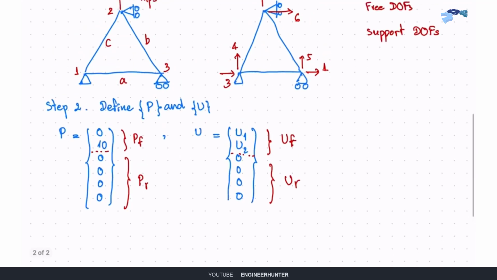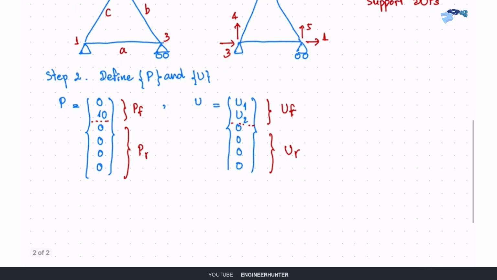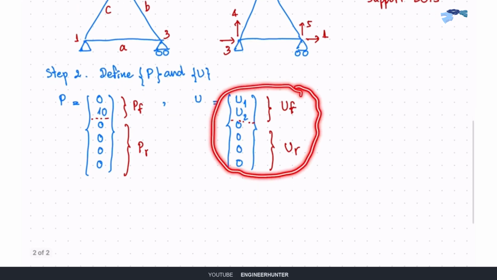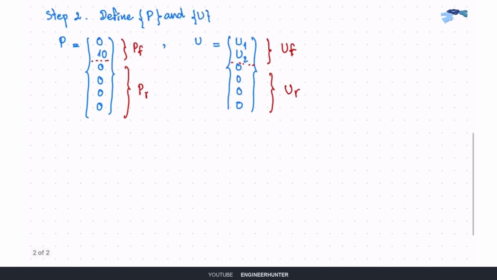So this is why we need to define the degrees of freedom starting from free degrees of freedom and ending with support, because it's easy to collect the data in the vector like this, and we can divide it into 2 parts to make the calculation easier.